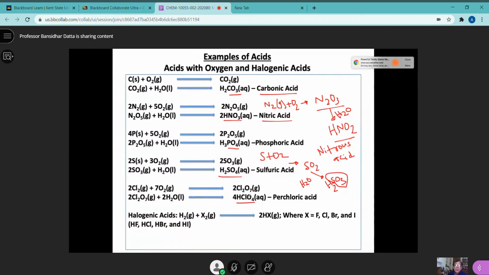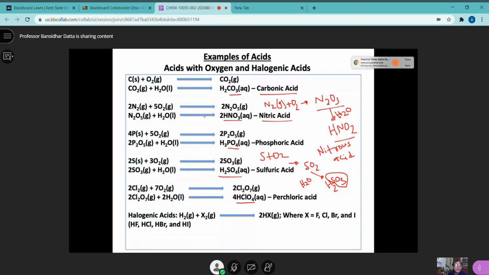Perchloric acid is a very strong acid. Acids could be strong or weak, depending on the electrolyte, strong electrolyte, weak electrolyte, based on the dissociation. So nitric acid, strong acid. Sulfuric acid, strong acid. Perchloric acid, strong acid. Carbonic acid, weak acid. Phosphoric acid, weak acid.